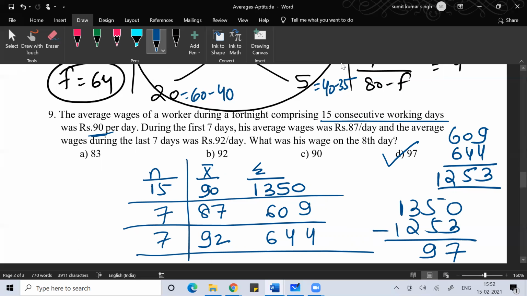The total of the first 7 plus last 7 is 1253, because I have not included the 8th day. So the difference between 1350 and 1253 would be the wage of the 8th day, and that value is equal to 97.